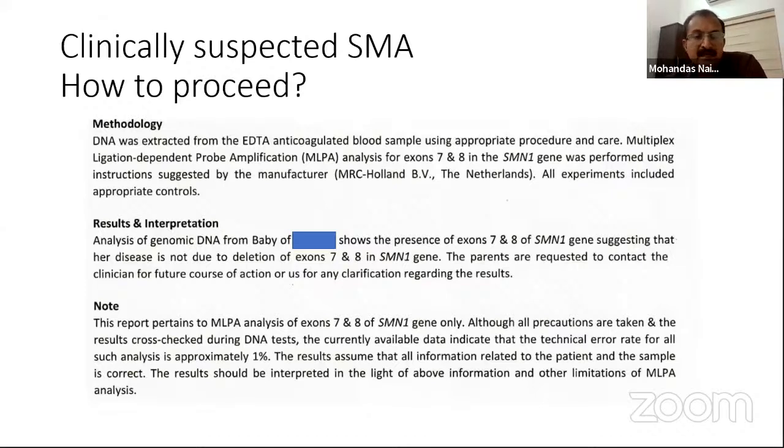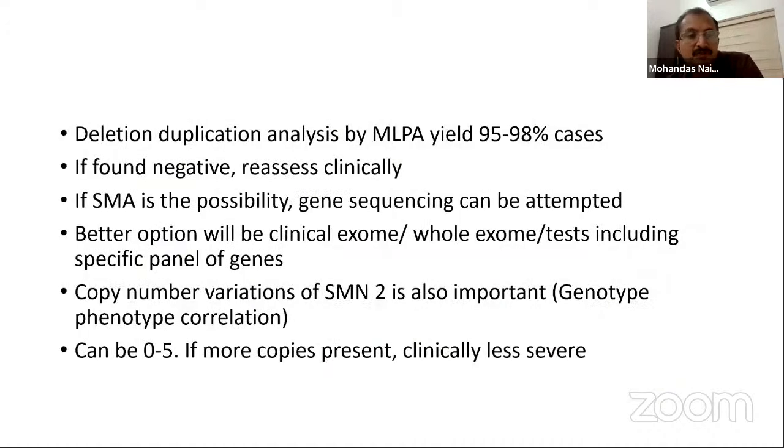What they have written is that even this deletion is seen in up to 97 to 99% of cases. A small percentage of cases of SMA can still be point mutations. So what you can do in that situation is, if the MLPA is negative, you have to reassess the child clinically.